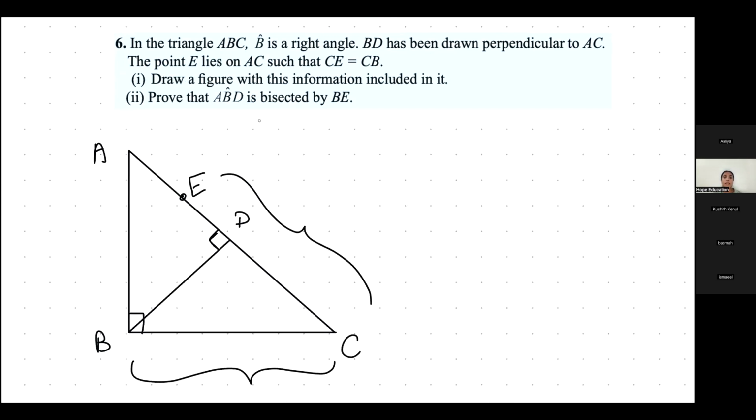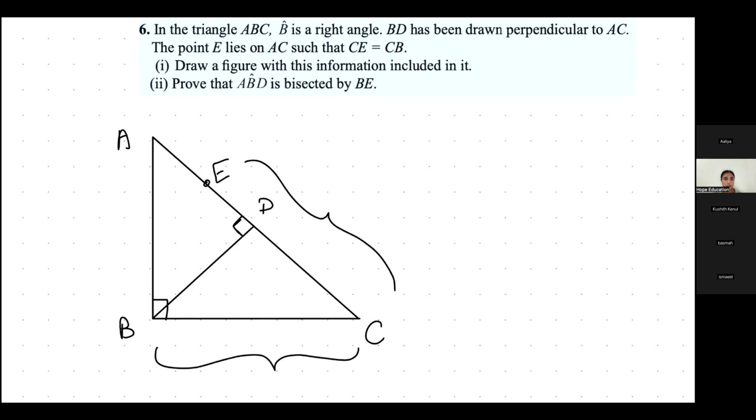Prove that ABD is bisected by BE. So I'll also draw BE, just a line here. If I want to prove that this large angle ABD is bisected by BE, that means this small angle and this small angle should be equal.